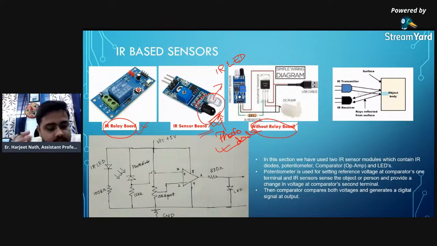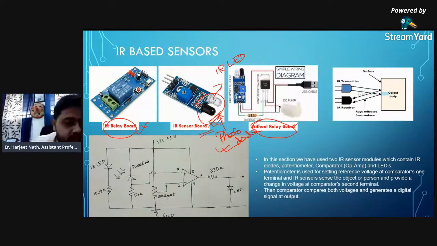Now let us see how it works with the help of this circuit diagram. In the circuit diagram, you have a 5-volt DC supply, which is VCC plus 5 volts, and you have the ground connection, GND. This 5-volt power is needed for the LM358 OP-AMP.